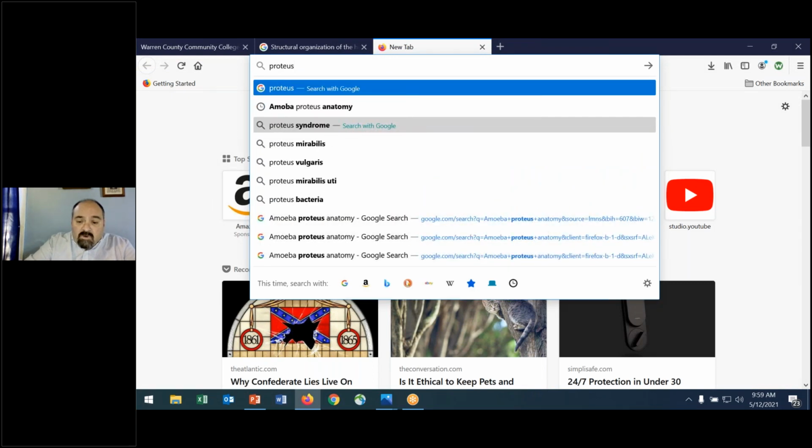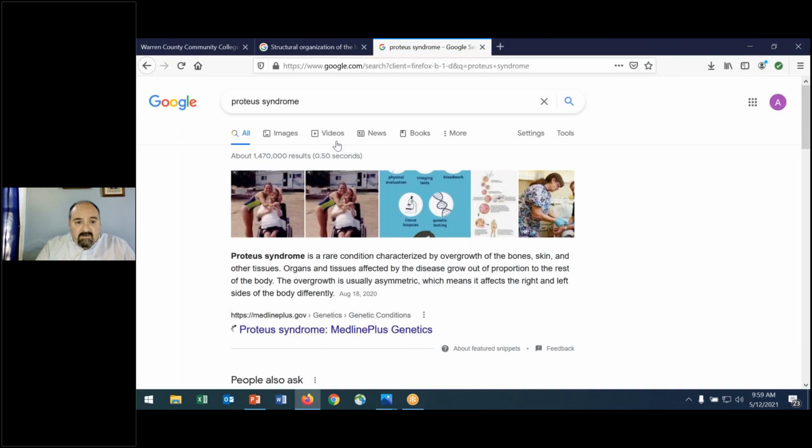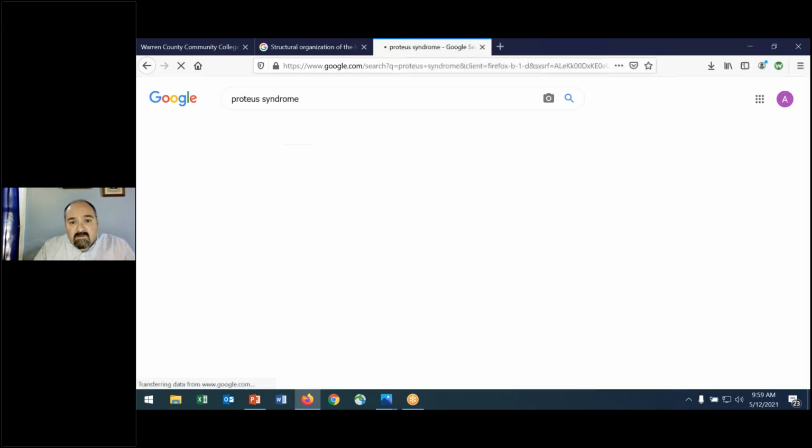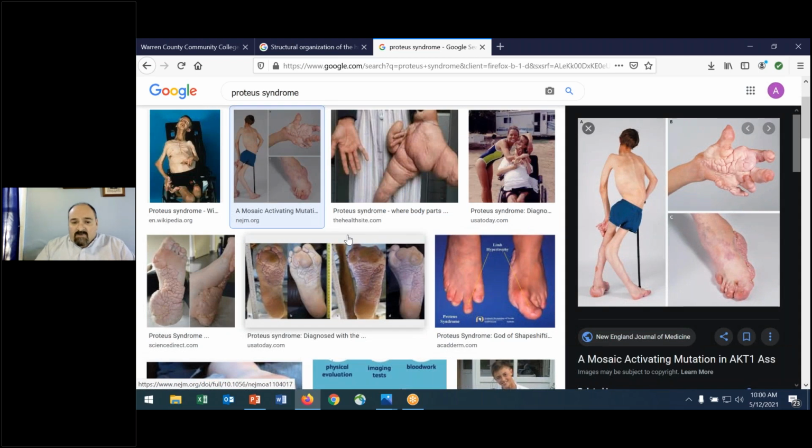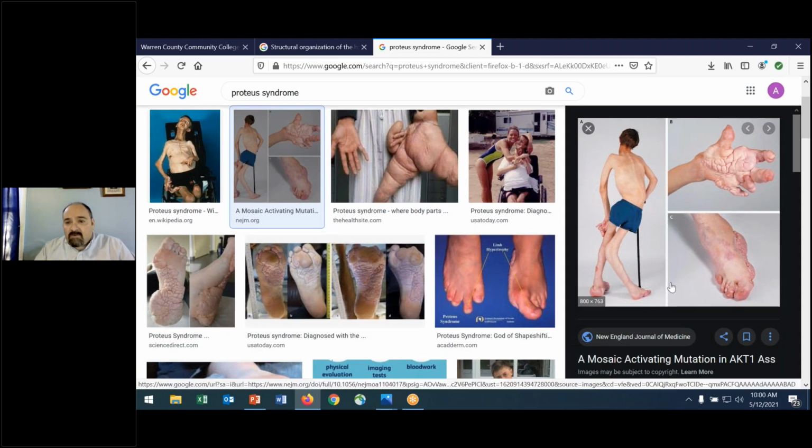This is just one particular type of genetic issue. It's not easy to look at, folks, and I'm not trying to upset you, but these are real people with developmental issues.